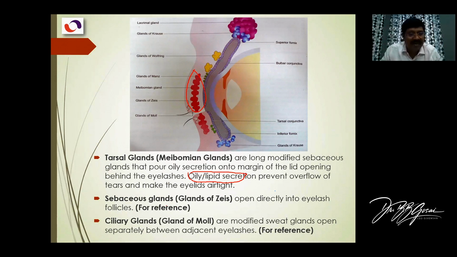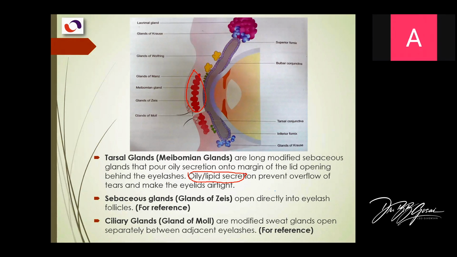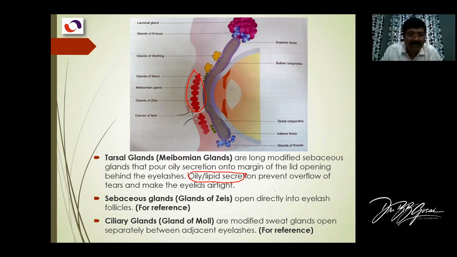Other glands are the small sebaceous glands, the glands of Zeis, which are here, and the glands of Moll. These are the glands of Zeis, and the glands of Moll, the ciliary glands, are in this region. This is a small gland related to the cilia of the eyelashes, known as the ciliary gland. It is a modified sweat gland, and this sebaceous gland is the gland of Zeis.